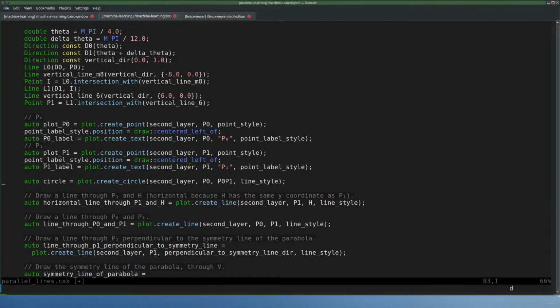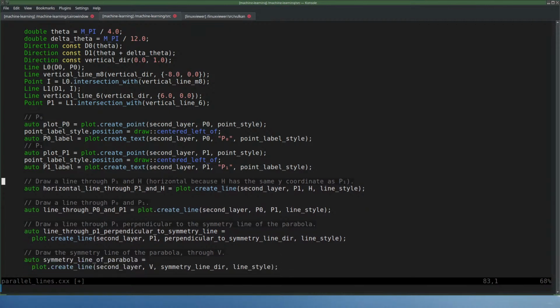Circle, maybe horizontal line. Yeah, I need to do a create line, so I'm gonna do the plot L0.